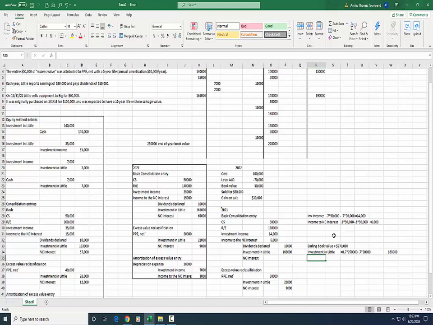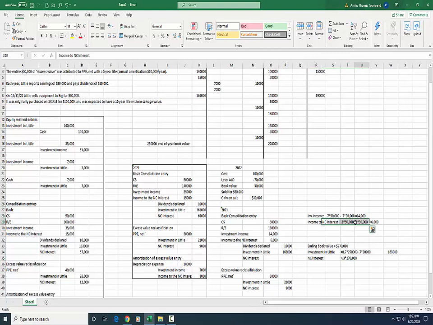Likewise for the income to the non-controlling interest. They're going to get their 30% of that book value. And again, we have to make the same adjustment to the non-controlling interest that we made to the income to the non-controlling interest.